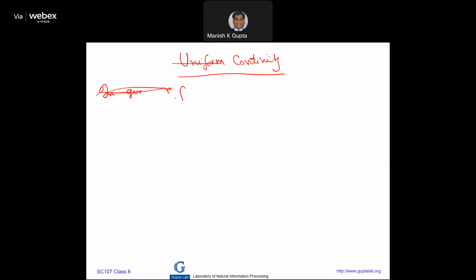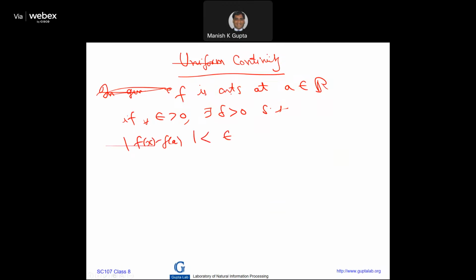A function f is continuous at A on the real line if for every epsilon positive, there exists delta positive such that mod of f of x minus f of A is less than epsilon whenever mod of x minus A is less than delta. So whenever x lies in the neighborhood of A, all the images lie in the neighborhood of f of A.